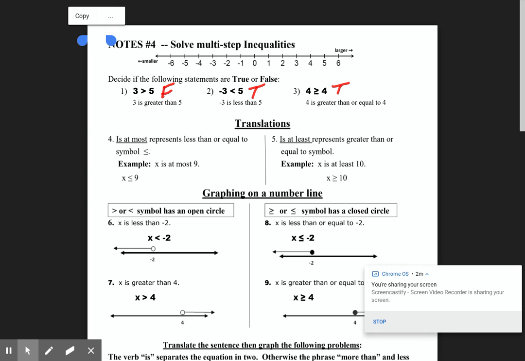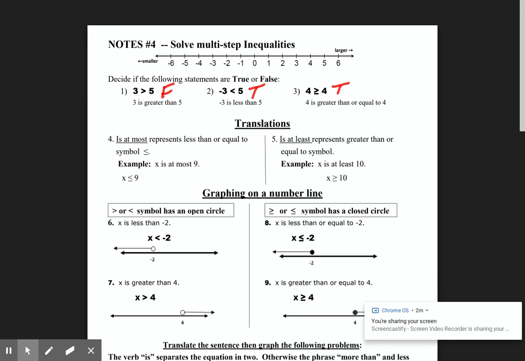So it's kind of opposite of what you would think. So less is more, and then on number 4, more is less. So the most is like more. So they're kind of opposite of each other in regards to the inequality symbol.